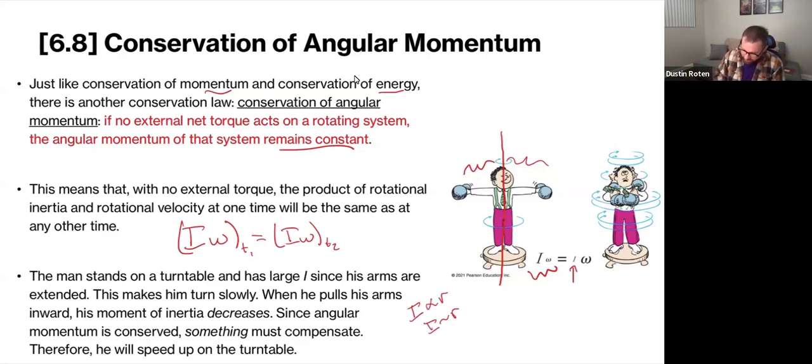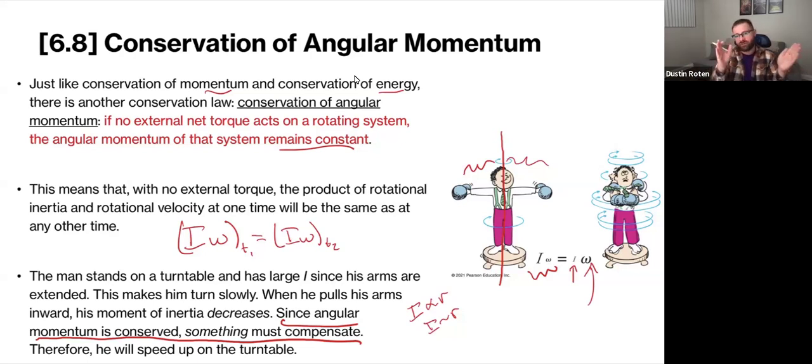But since angular momentum is conserved, something must compensate, right? Something's got to change so we can keep the before angular momentum and the after angular momentum the same. Well, therefore, he has to speed up on the turntable, right? So this is Mother Nature trying to make sure the amount of angular momentum he starts with is what he finishes with.